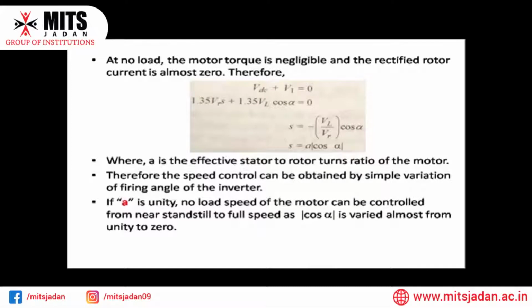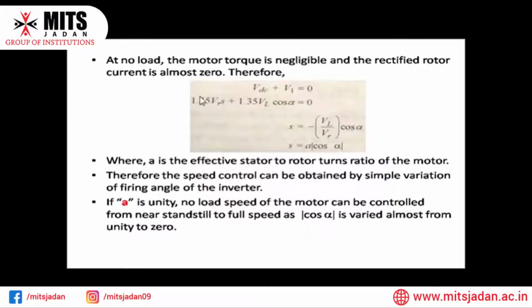Further, if there is no load, the motor torque is negligible and the rectified motor current is almost zero. Therefore, VDC plus V1 is equal to 0. Now we have calculated VDC and V1, and we can put those values here. So we find that 1.35 VR into S plus 1.35 VL cos alpha is equal to 0.